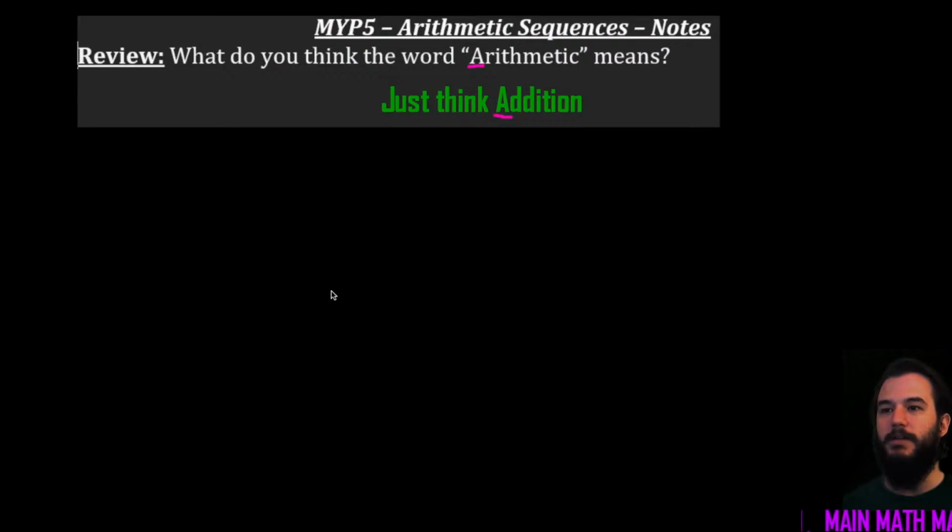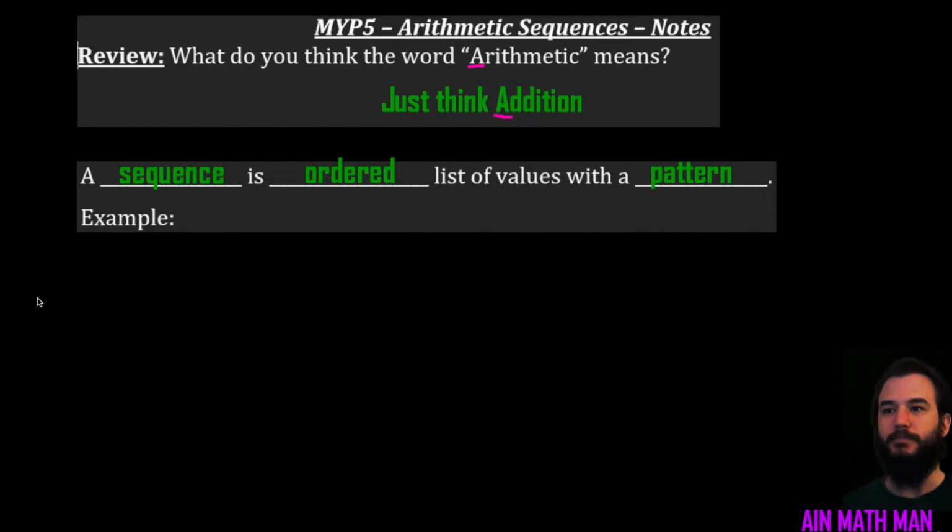So now maybe some review. What do you think the word arithmetic means? If you are just thinking of addition, you can easily remember that the A starts both of those words. So you can think, okay, arithmetic just means addition. And also, we can say more specifically, a sequence is an ordered list of values with a pattern.